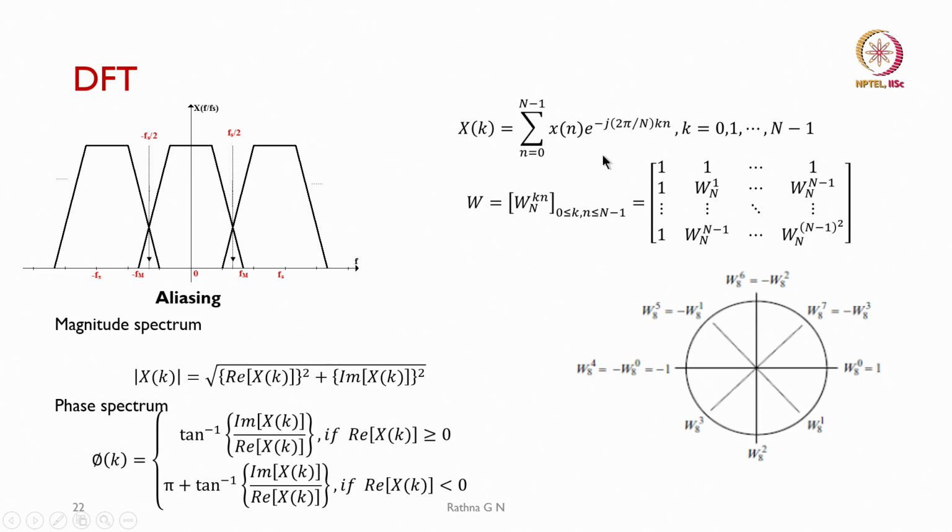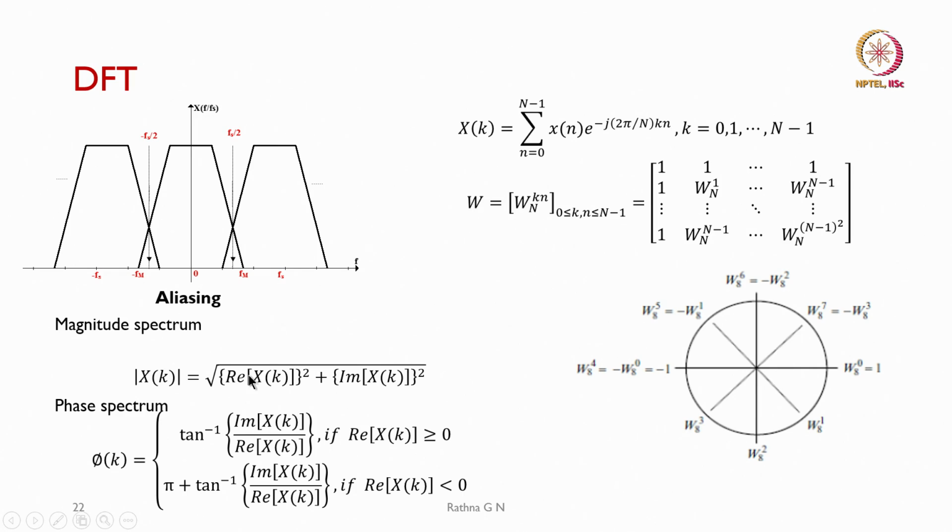We know that the equation we have is a complex equation, e power minus j, with both real and imaginary parts. We went on to say that our coefficients can be represented in this manner, and how the coefficients, that is the weight factors, are represented in the unit circle is shown with that.